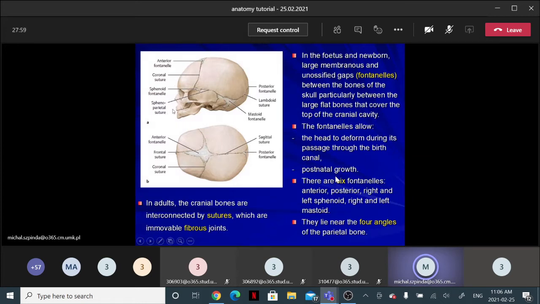So this is an intramembranous ossification. The only exception to this is the ethmoid and inferior nasal concha.